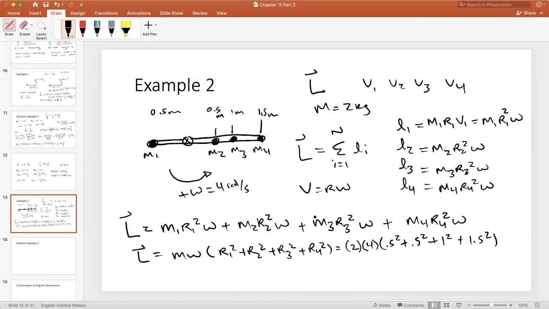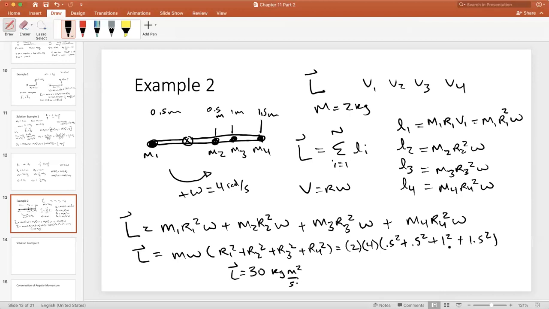And so this answer is 8 times 1/2, so 1/4, 2/4, so that's 1 1/2, 3 halves. So I get 3.75 times 8, I get 30. So this L is 30 kilogram meters squared per second.